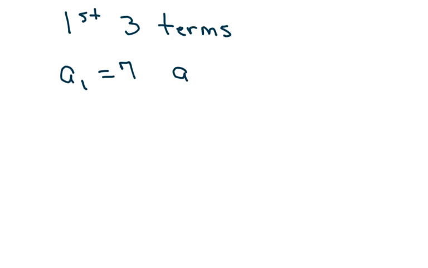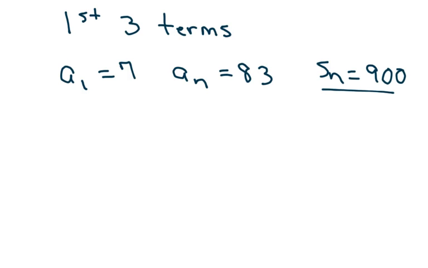We want to find the first 3 terms. Okay, so let's go back to this. We're going to find the first 3 terms where a sub 1 equals 7, a sub n equals 83, and s of n is 900. So they're giving you the sum.